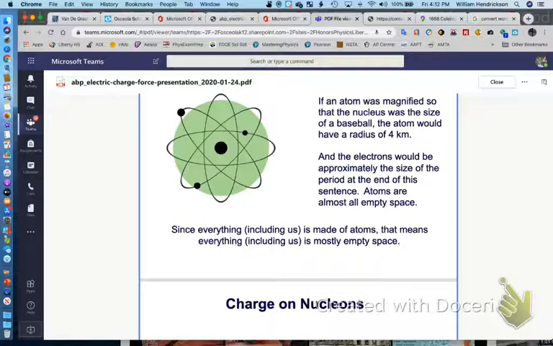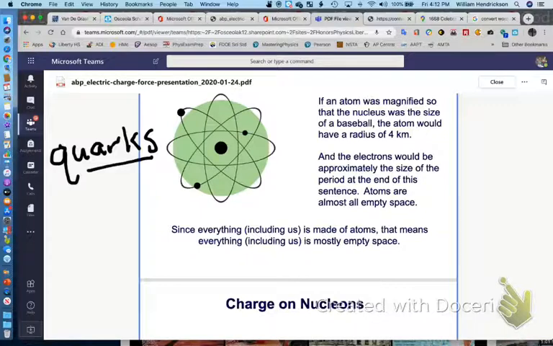And then things like protons and neutrons are made up of even smaller particles called quarks. And you'll hear this word, that things are made up of quarks. Quarks are the particles that make up protons and neutrons.